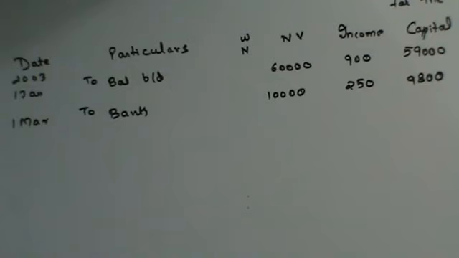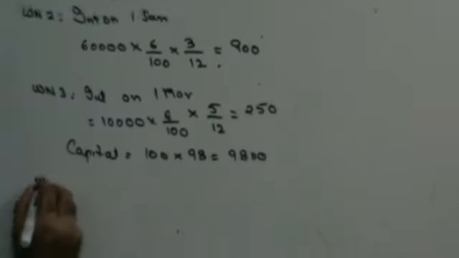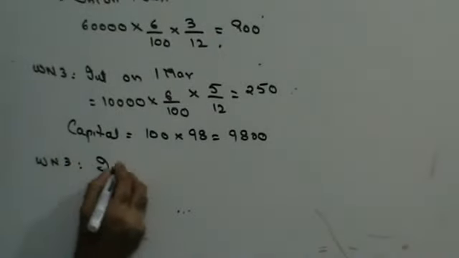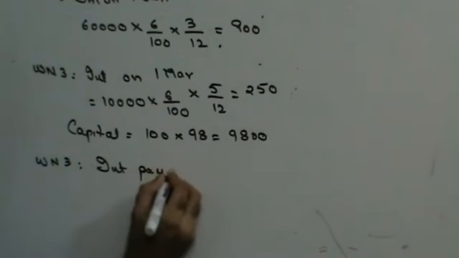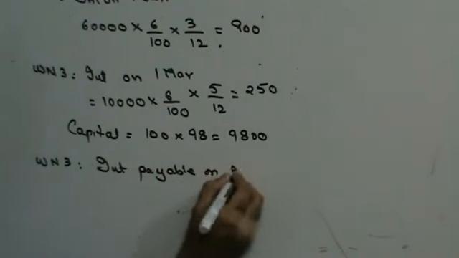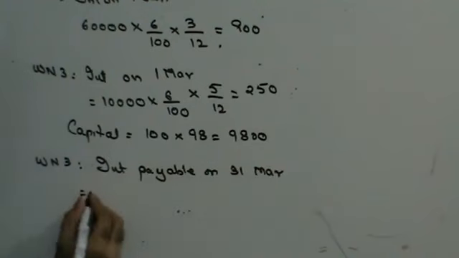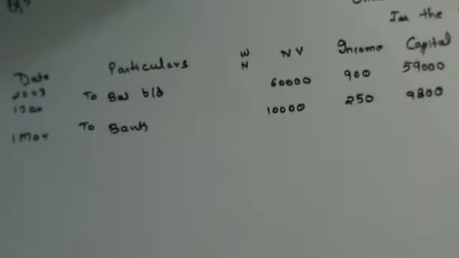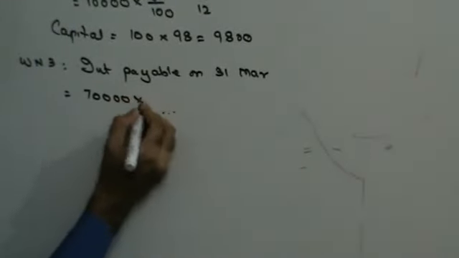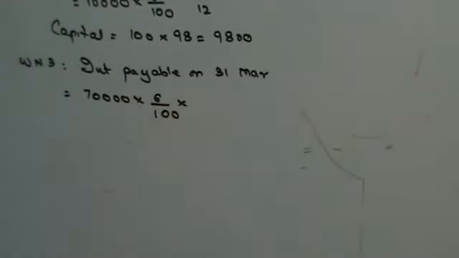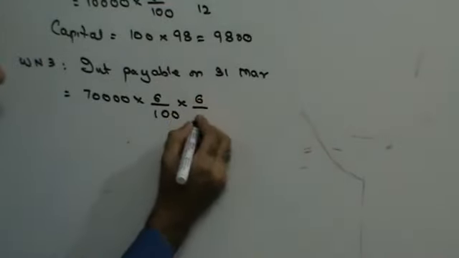Next, on 1st October. Now before 1st October, there is going to be 31st March. On 31st March, interest payment has to be done. So working note 3. Interest payable on 31st March. Now total, what is the value of securities you are holding? 60,000 plus 10,000, 70,000 worth securities. 6% and closest previous date 6 months.